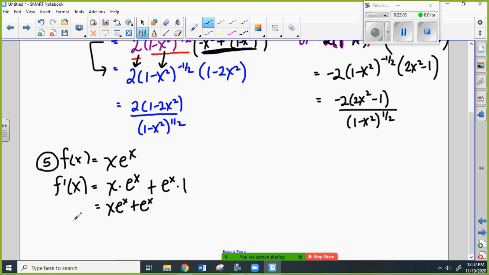You can factor it. And that's it. That's the whole thing. All right, so I try not to give you one that was too complicated there. But just understand this does apply with all the other functions that we've done. Stop me if you have questions.